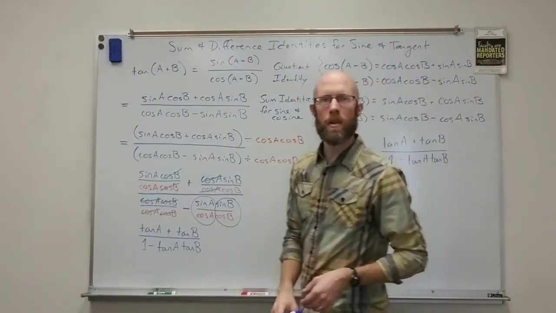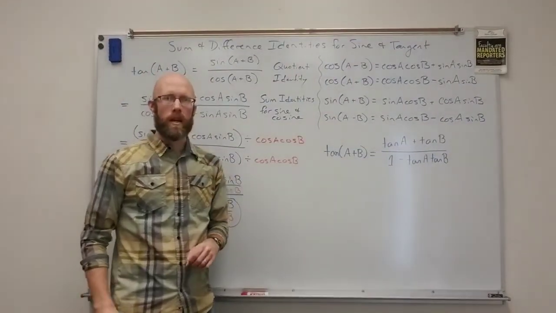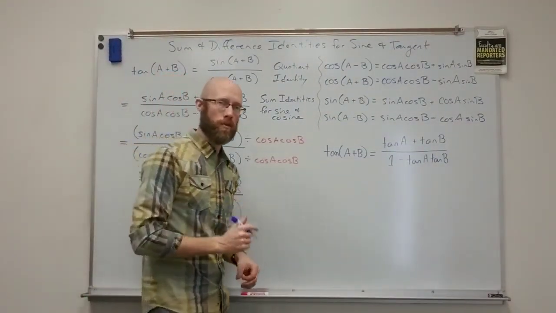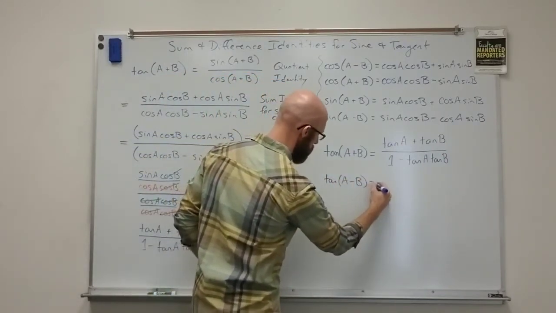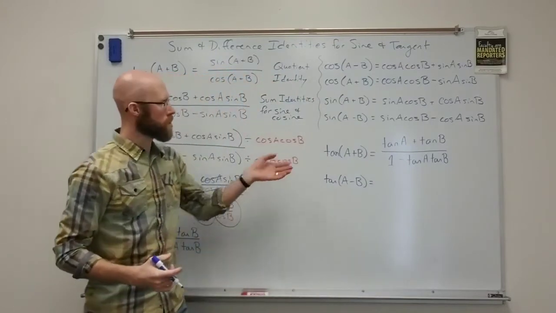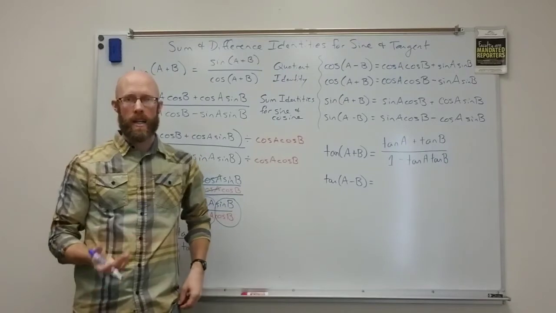So we have a nice formula now for the tangent of a sum. Now we can also get the tangent of a difference. Okay, so we can get a tangent of A minus B formula, and it's going to be done in a similar way that we would have done the cosine and the sine, using the odd even identities.